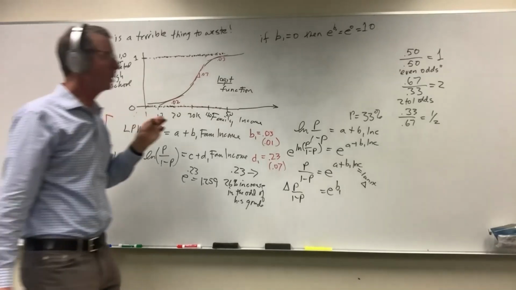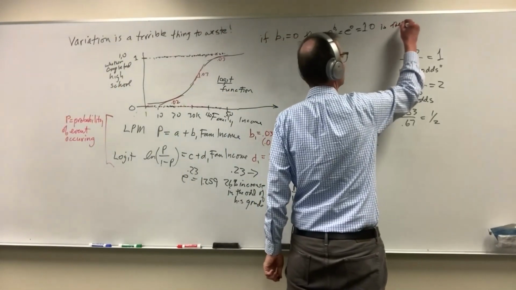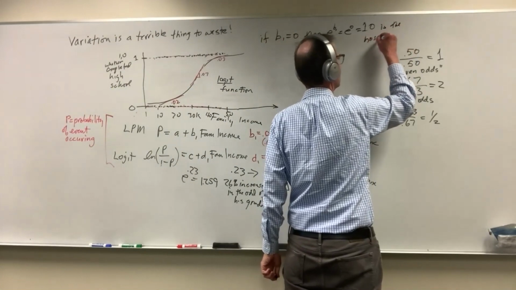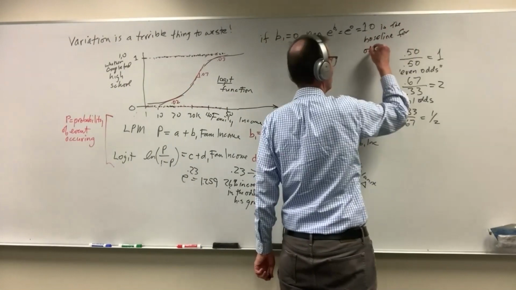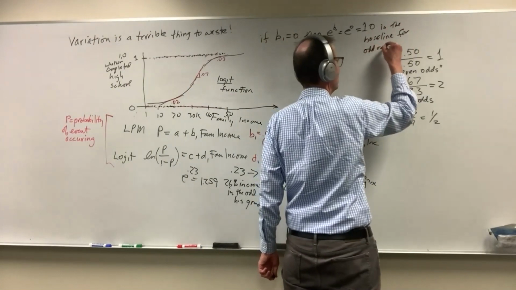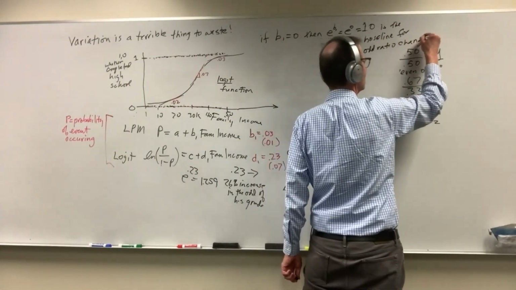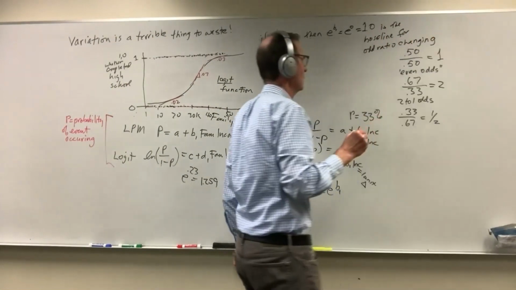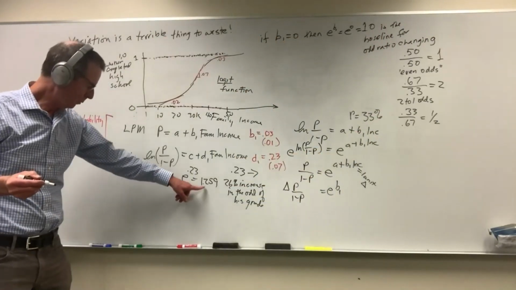So 1.0 is the baseline for odds ratios changing. So we went from 1 to 1.26.